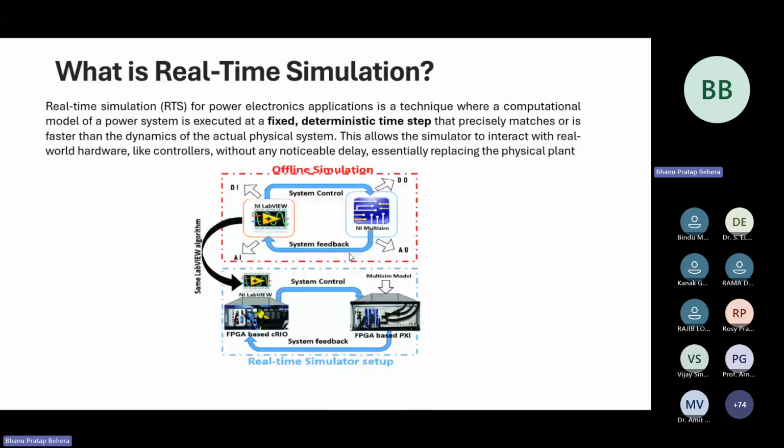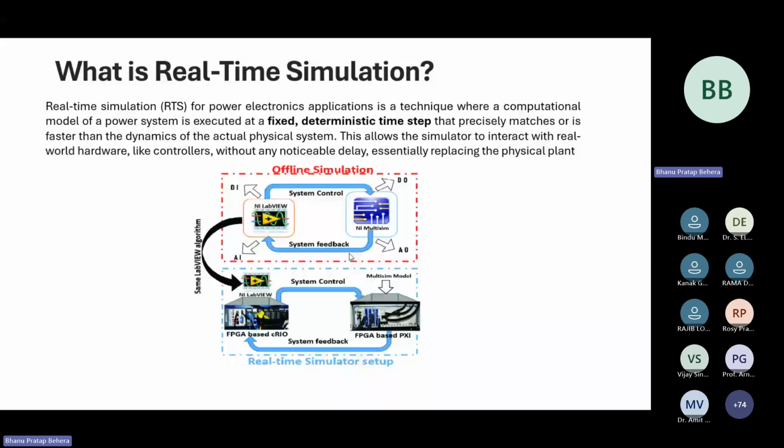For example, you have given some time step. Finally, it is a mathematical model with code, and we give it a time step to run. In a normal simulation with simulation software, your simulation is not matching with the clock.